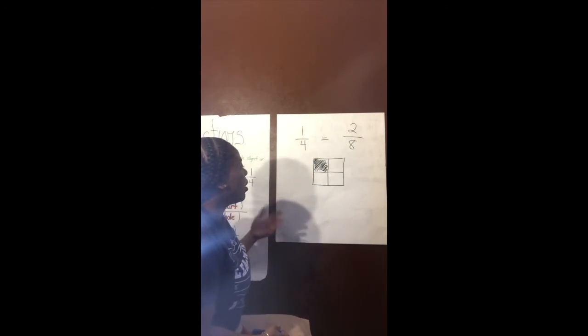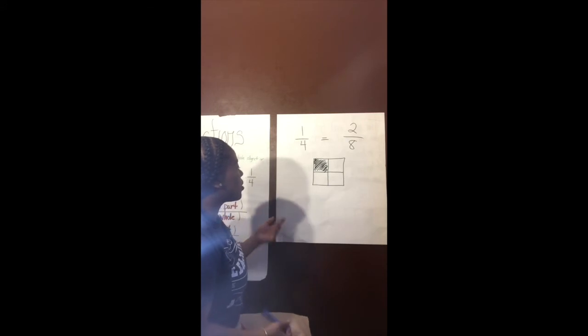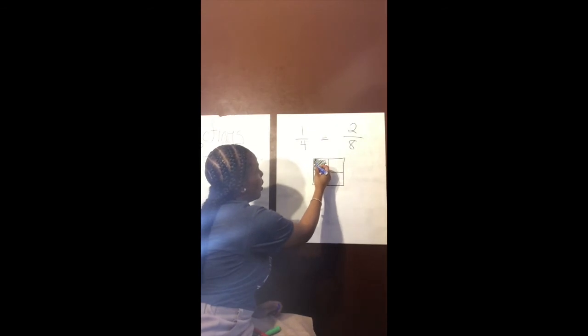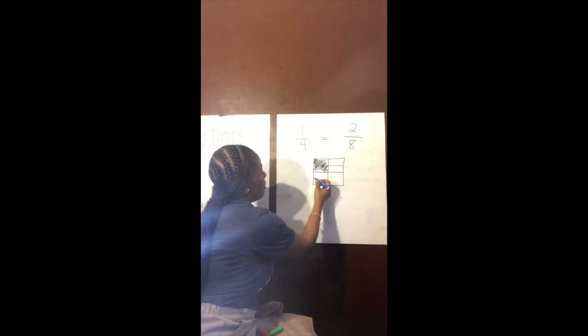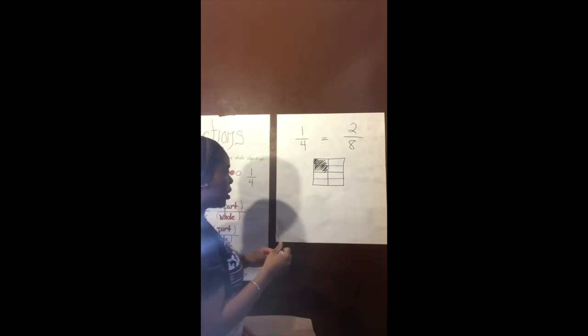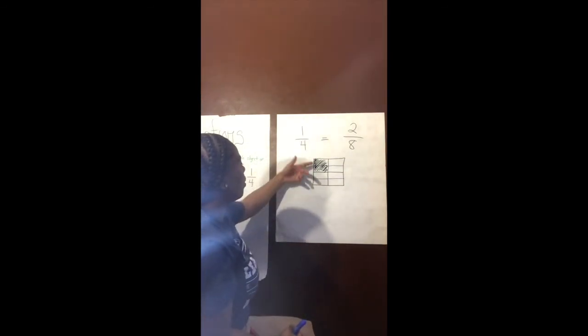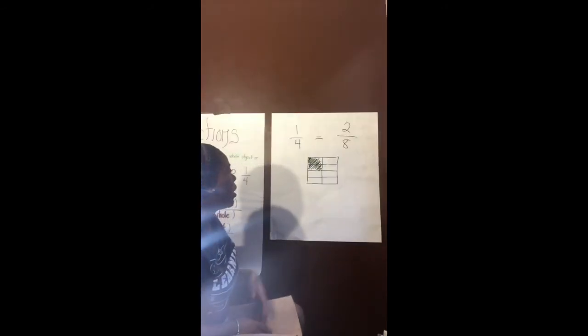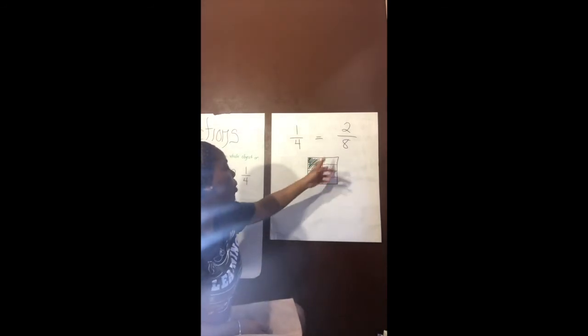Let's see what would happen if we split our fourths into eighths. Remember, right now, this is broken down into fourths. So let's split it up into eighths. And I'm going to use a different color marker. And now I'm just going to split our fourths up. And now we just went from 1/4 to 2/8. We can see that the fraction of the whole stayed the same, even though now 2 parts are shaded versus 1 part being shaded.